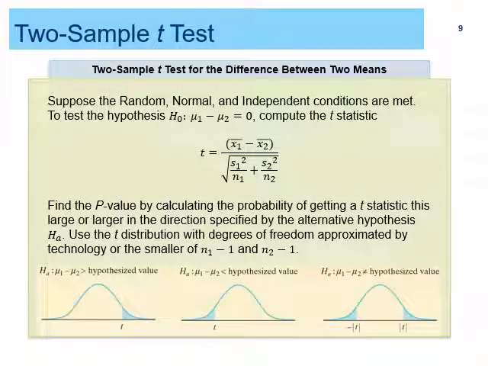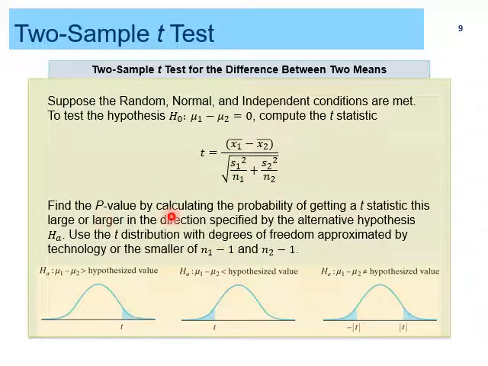Now, the two sample t-test for the difference between two means. Suppose the random, normal and independent conditions are met. To test the hypothesis, the null hypothesis is mu1 minus mu2 is equal to 0, that there is no difference. We compute the t statistic by this formula, as we have seen earlier.